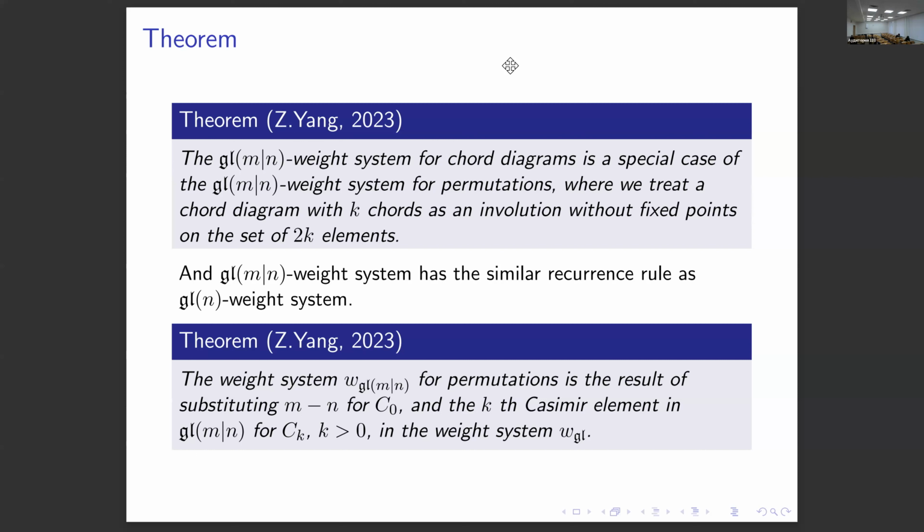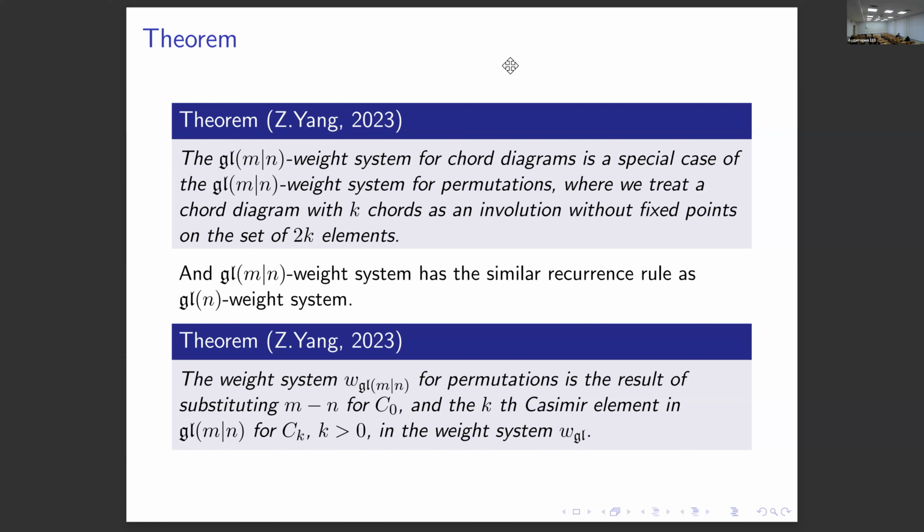And there was a hope that there would be some more general invariant. But after some experience, it was observed that actually the case of gl(m|n) is contained in the universal gl, and this was surprising. So the hope was opposite. The hope was that there should exist some more general invariant.